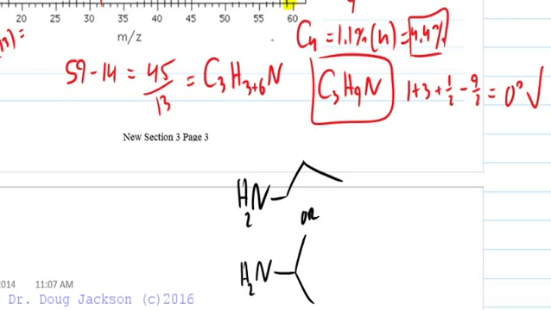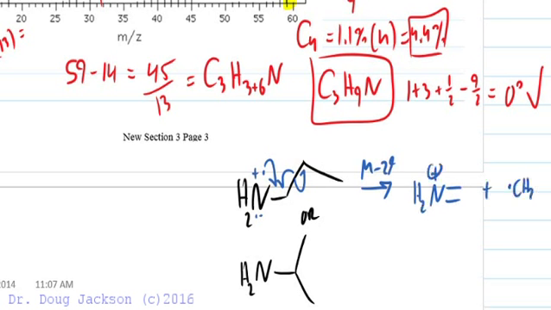So we go to our knowledge of amines that do alpha cleavage, and we know that this amine would yield an M-29 peak for loss of ethyl.